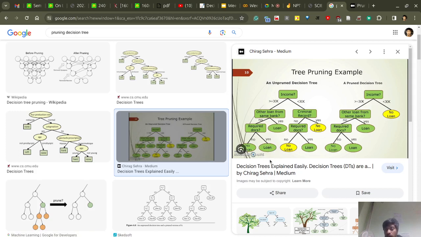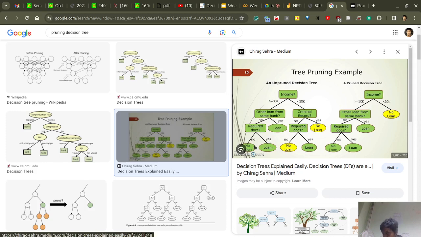If we remove these two parts and keep it as, suppose there are 5 no, so the majority is no. Instead of giving another leaf node, another branch, we just keep it as a no, the majority, right? Will it increase the error? If it is increasing, then we will not prune it.